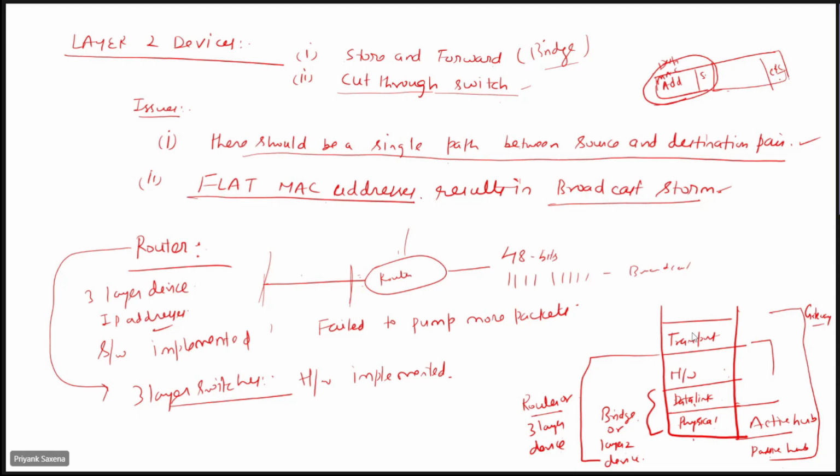Once one frame arrives at a port, it copies it, checks, performs the address recognition from the routing table, and then forwards it on the desired port.